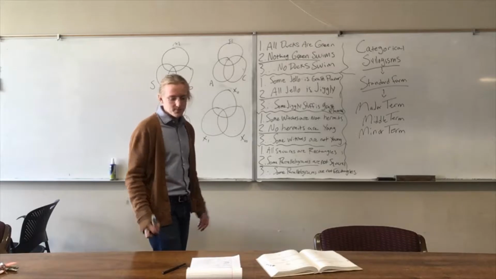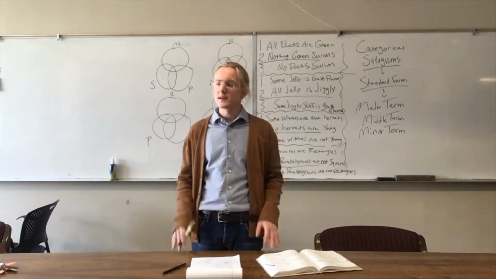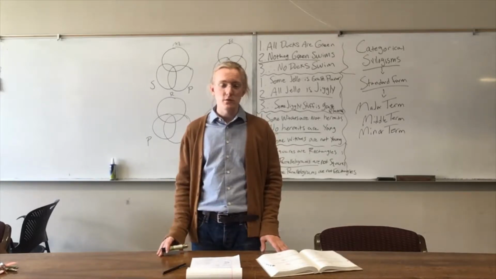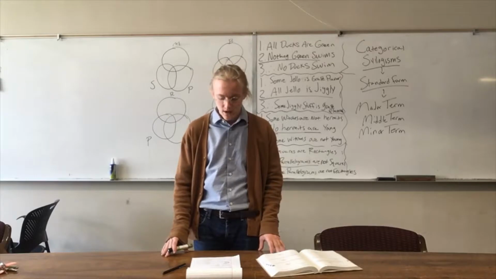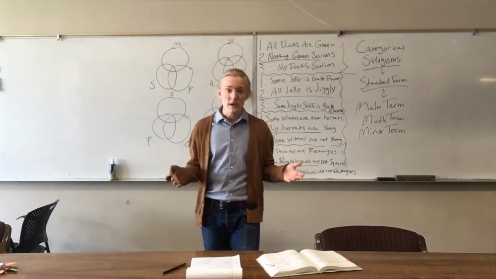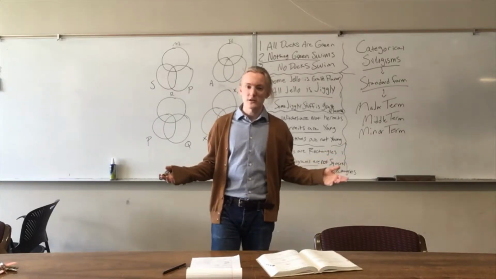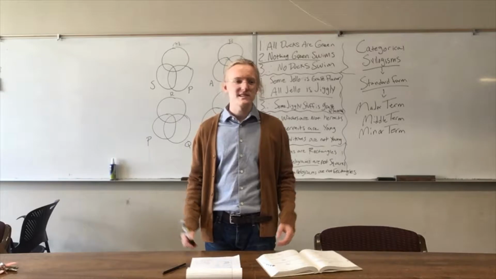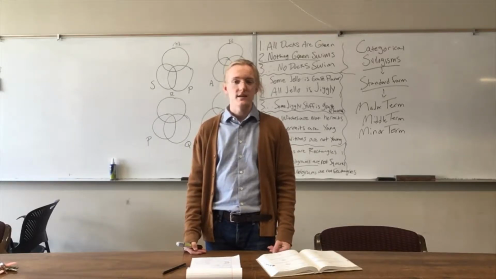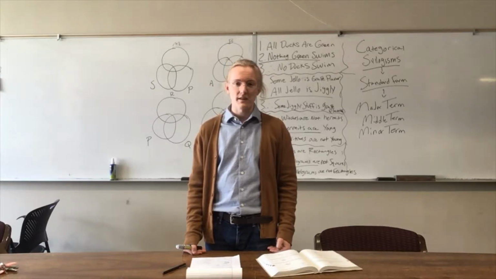Okay, so your most basic categorical syllogism, the one that I'm sure you've probably heard before, but if not, this is now your time to know it for the rest of your life: all men are mortal, Socrates is a man, therefore Socrates is mortal, right? And this is our cut and dry standard cliche categorical syllogism that's valid.